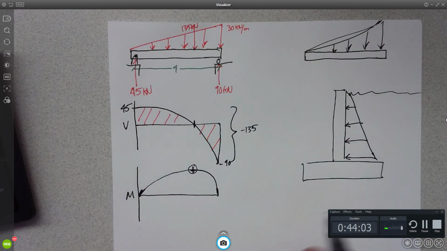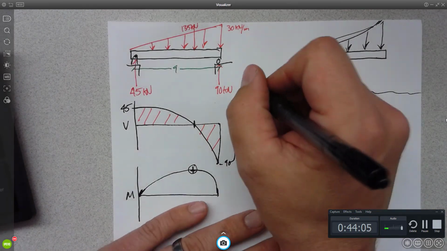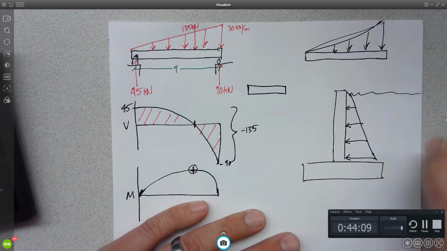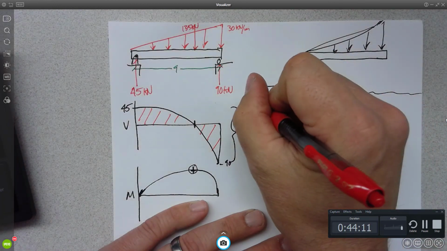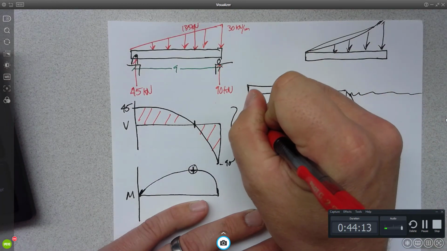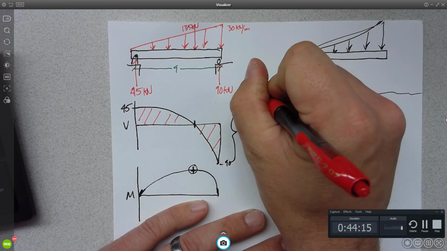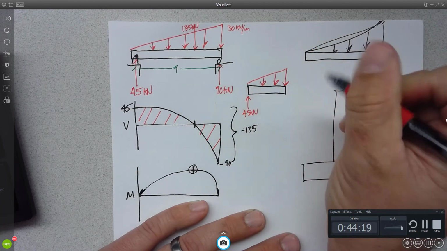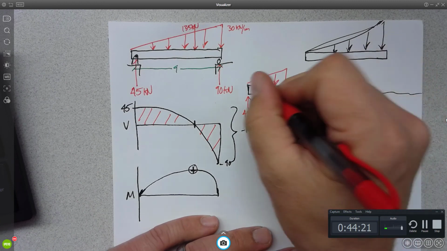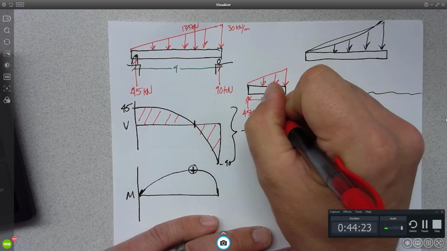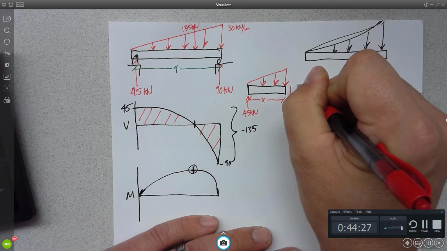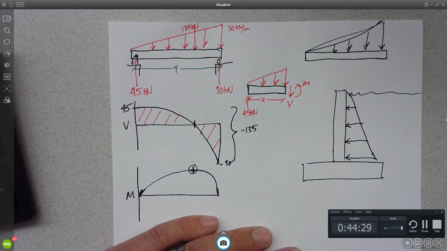But we'll go back. We can still deal with this, right? We just have to solve it by saying we have 45 kilonewtons up here. We have a distributed load, right? And this is some distance x. Shear is still down. Moment is still counterclockwise.